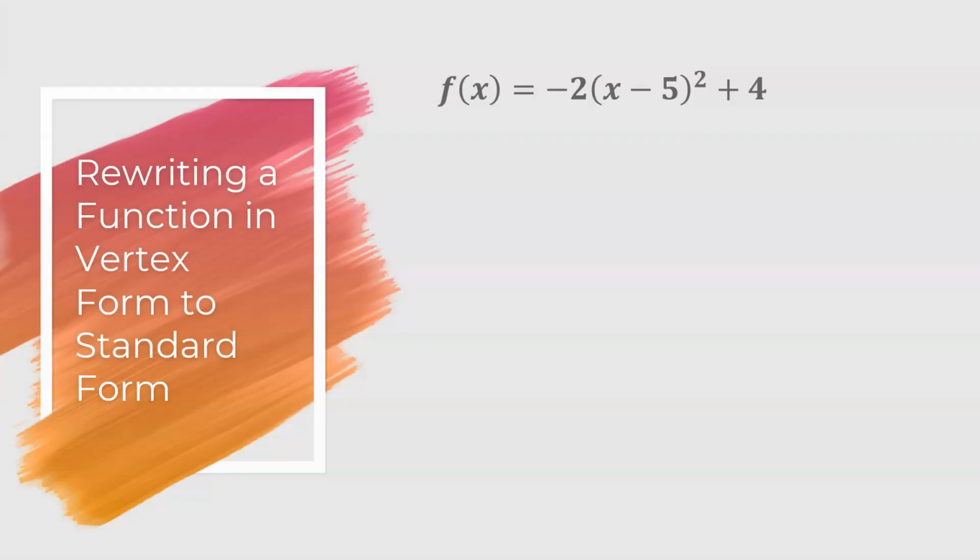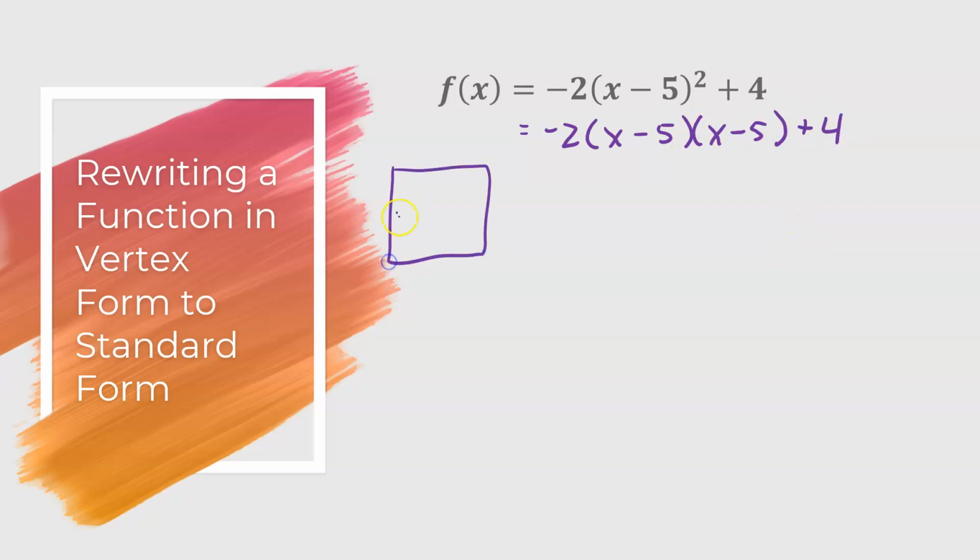Okay, f of x equals -2 times x minus 5 squared plus 4. Again, the first thing we think about is that x minus 5 squared is x minus 5 times x minus 5, plus 4. Now, I often like to do the multiplying of the binomial off to the side. So I'm going to put the x minus 5 times x minus 5 over here. I get x squared minus 5x minus 5x.